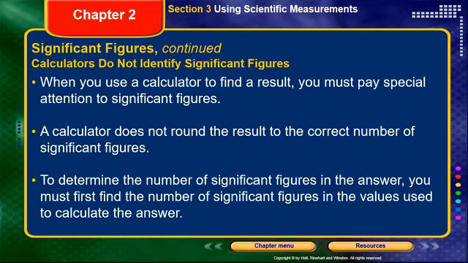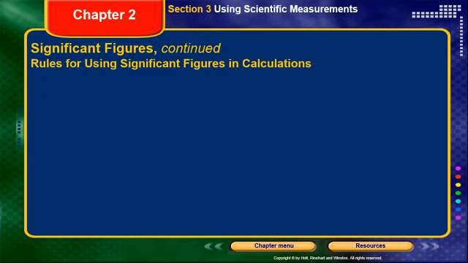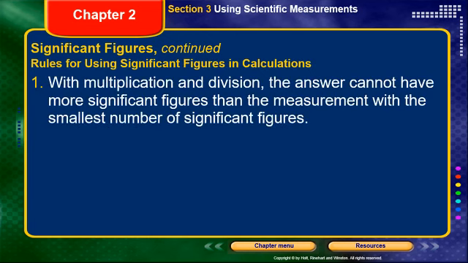So to determine the number of significant figures in the answer you generated with your calculator, you must first find the number of significant figures in the values you used to calculate the answer. So you have to look at the numbers you plugged into your calculator to figure out how many significant figures to include in your answer. Here are some rules to look at when you're actually carrying out calculations.